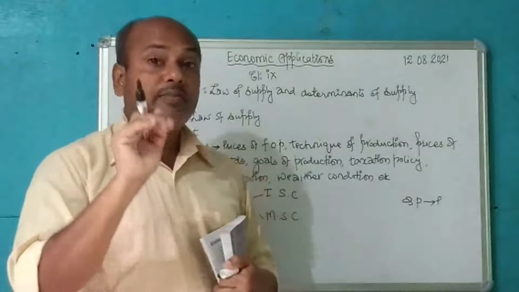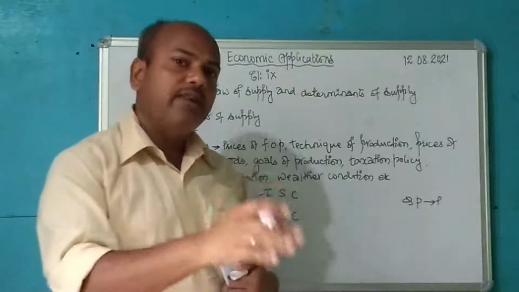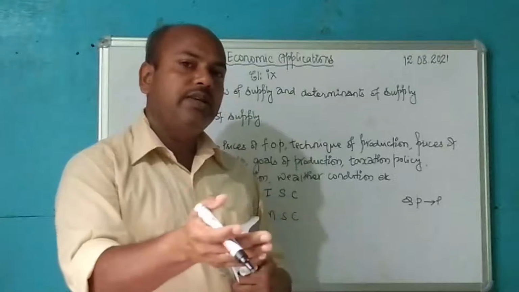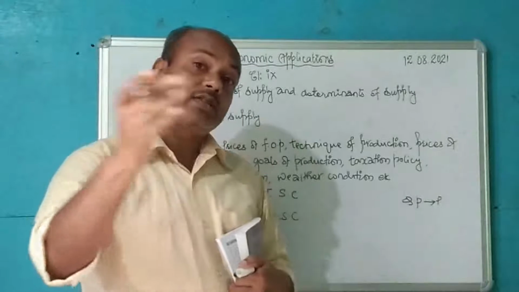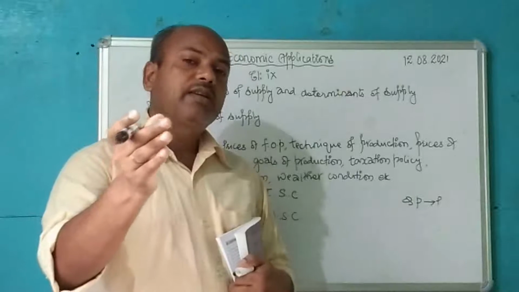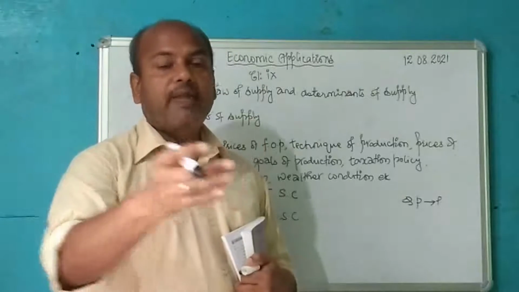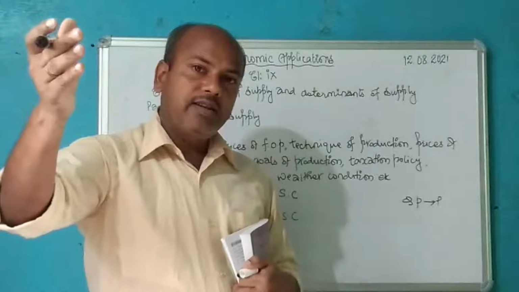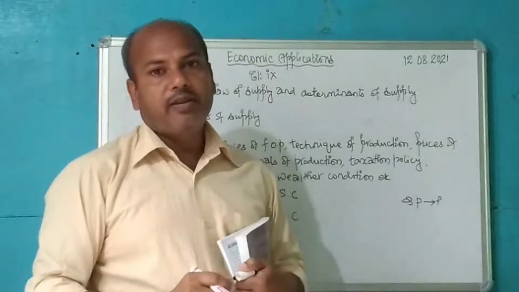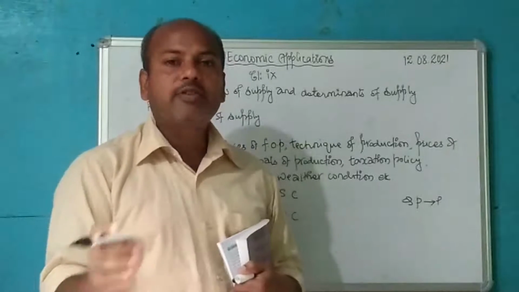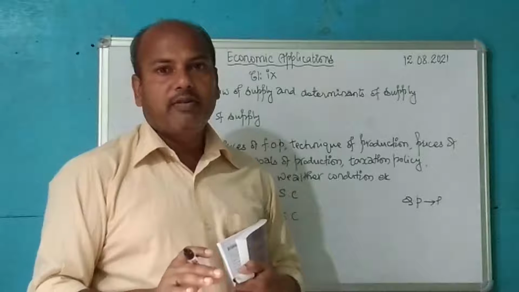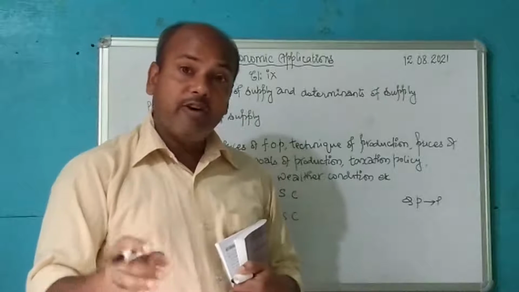That means when the price is less, supply also will be less. Less will be produced and supplied. And when the price of the commodity which the producers are producing and offering for sale is higher, then the supply also will be higher. The very fact that if the price is less, it will give you less profit. You are producing something and offering it for sale.